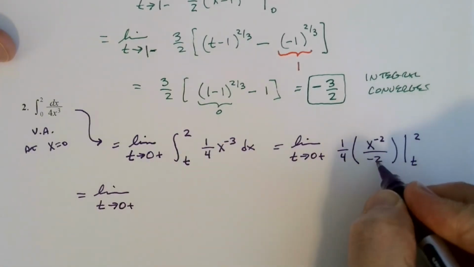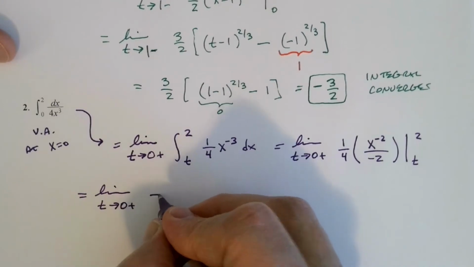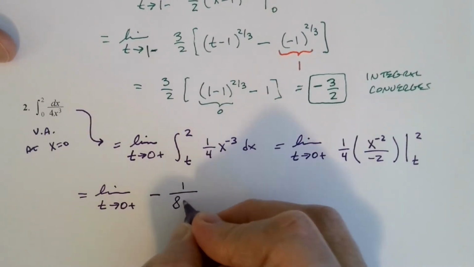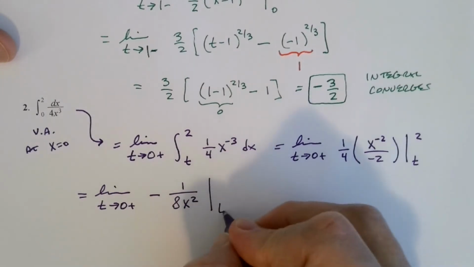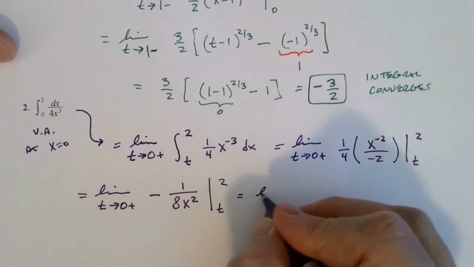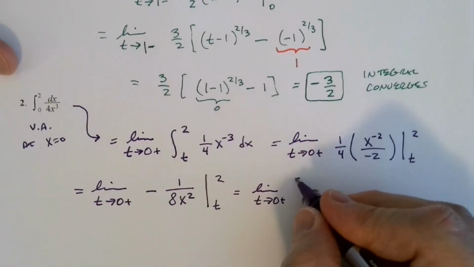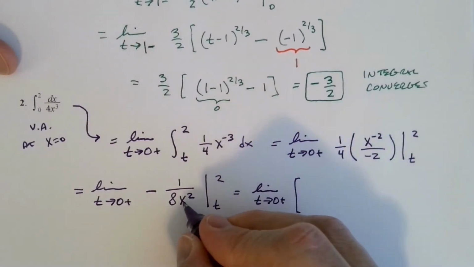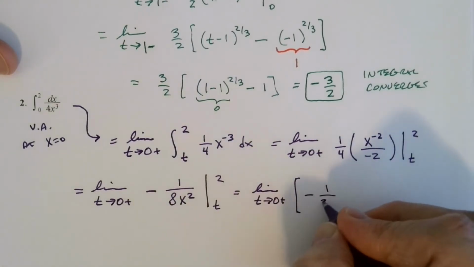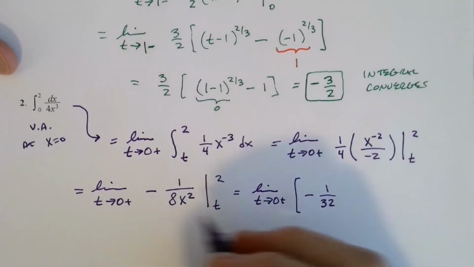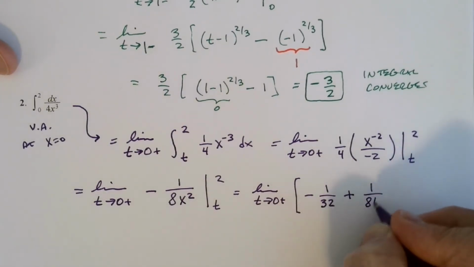This is going to be negative 1/8 and then 1 over x squared. So we have negative 1/8 over x squared if I clean all that up. And so what do I get at 2? 2 squared is 4. 4 times 8 is 32. And then minus a negative is plus 1 over 8t squared.